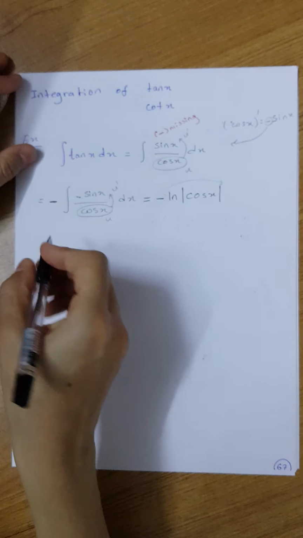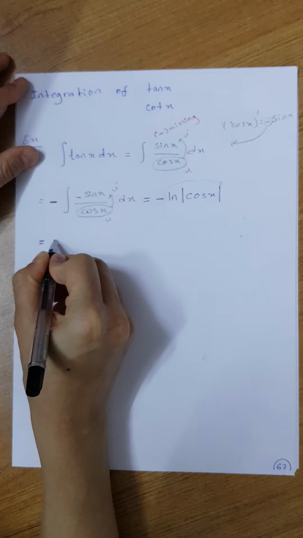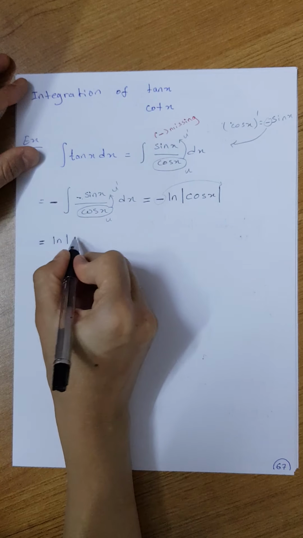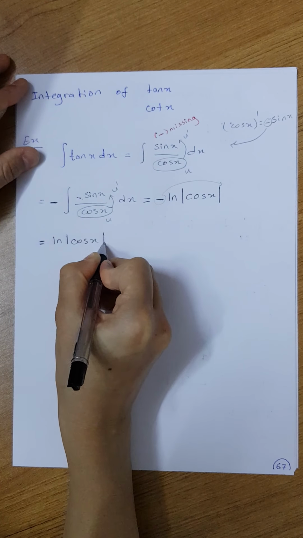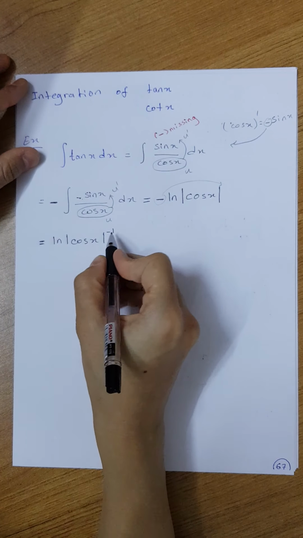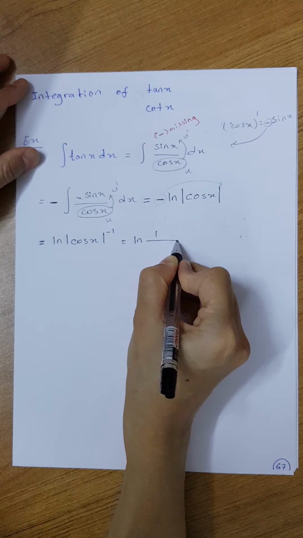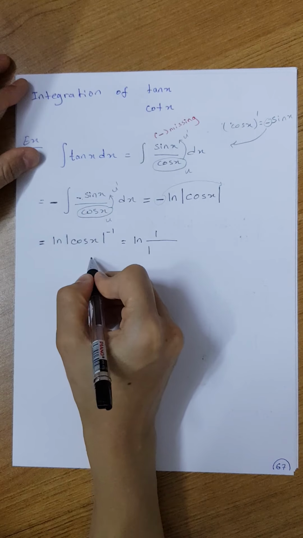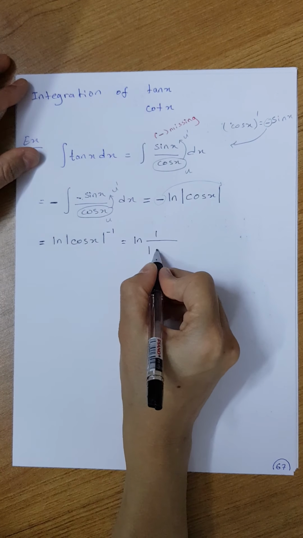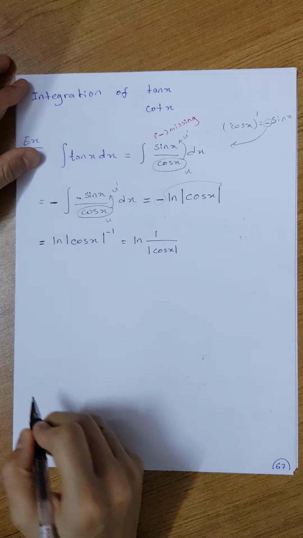How will this happen? That will be cosine of x to the power of -1. If you have got a negative power, what will happen to the function? It will become upside down, or here I have just got a numerator, it will come down to the denominator.